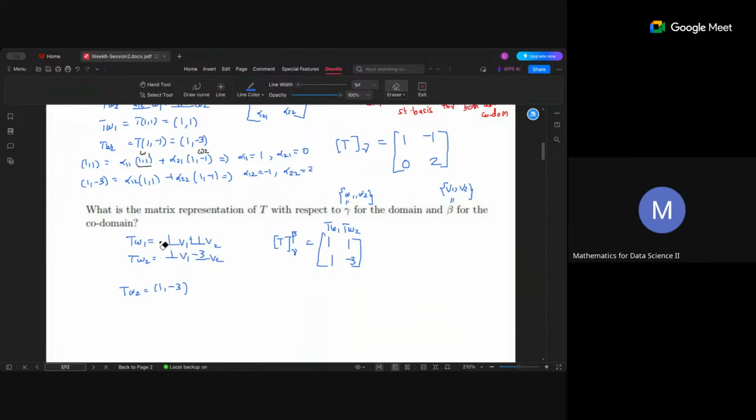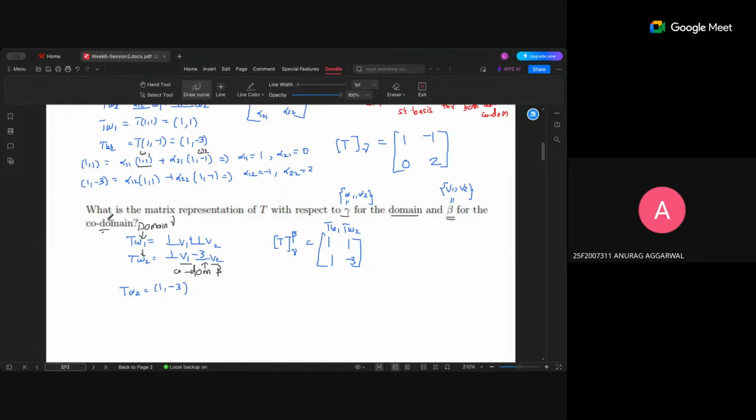Remember, it's given that for domain we are considering gamma, so we are considering W1, W2 here. And for codomain, we are considering beta, so that's why we are considering V1 and V2 here.